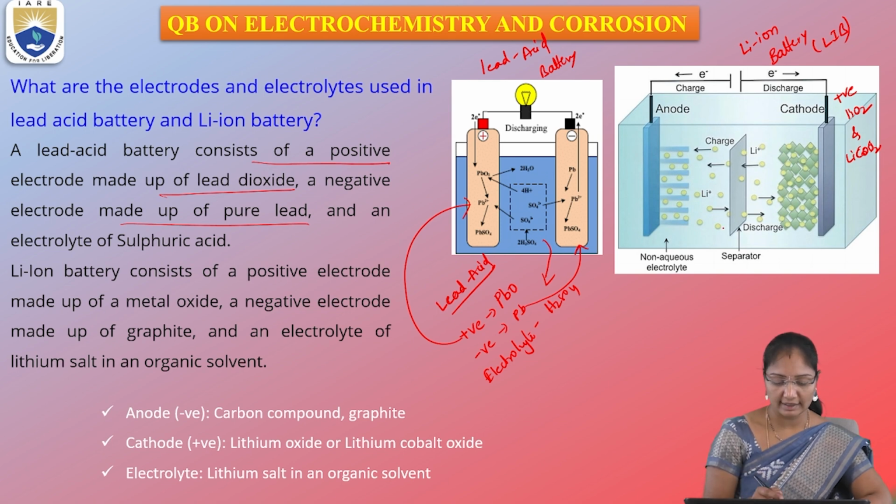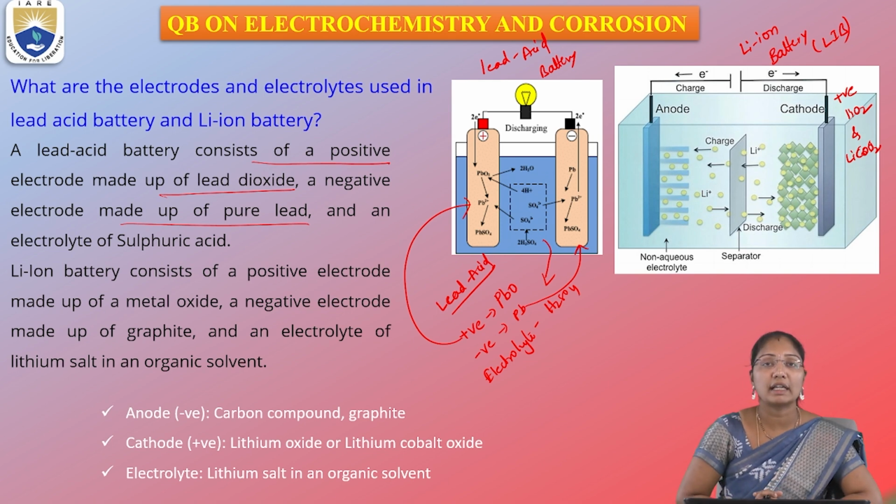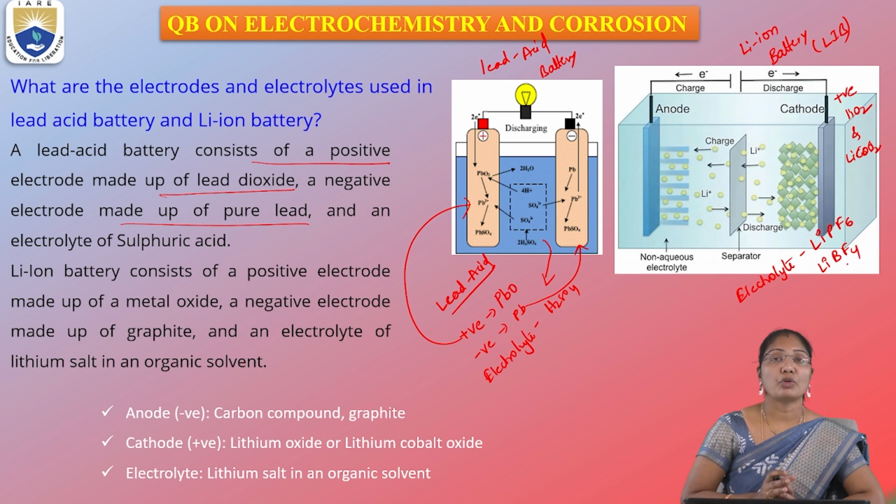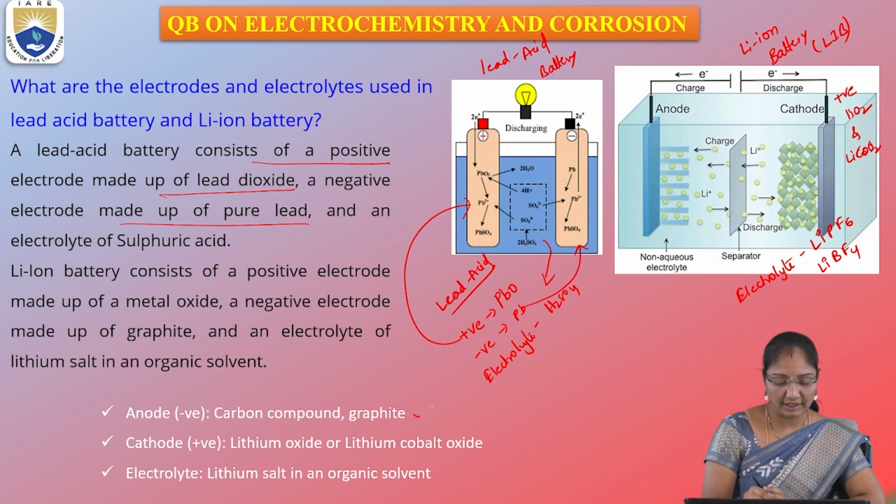The electrolyte is a lithium salt in an organic solvent, such as lithium hexafluorophosphate or lithium tetrafluoroborate. These are the electrolytes commonly used in the lithium ion battery, and the anode, the negative terminal, is a carbon rod or graphite with intercalated lithium ions.